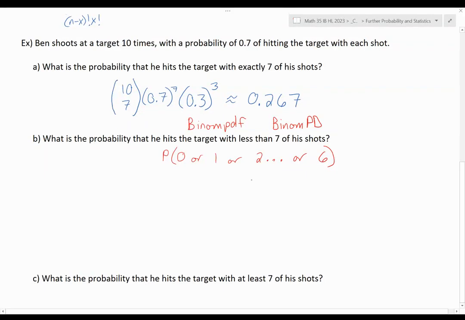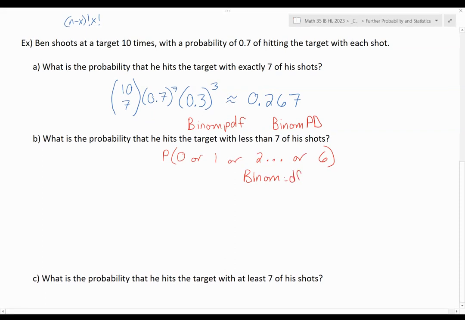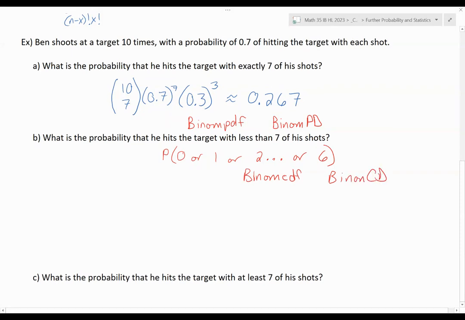For this, we can actually use the binomial cumulative. So binom CDF is what it is called on the TI calculators, or binom CD on the Casio calculators. This is essentially the cumulative probability distribution function if you have the TI.